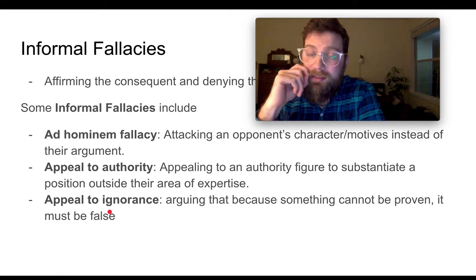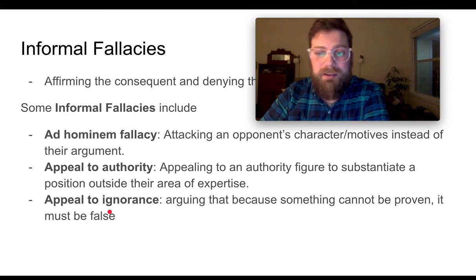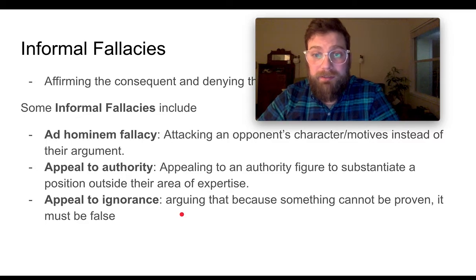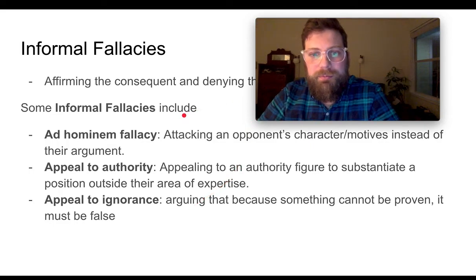Or that this person cannot prove what they're saying, so it must be false. Well, that seems to be an unfair way of arguing. If there are things that we don't know, we just don't know them. But we can't conclude that the people that we're arguing against are wrong. It seems like when we do that, we're just arguing from a double standard.